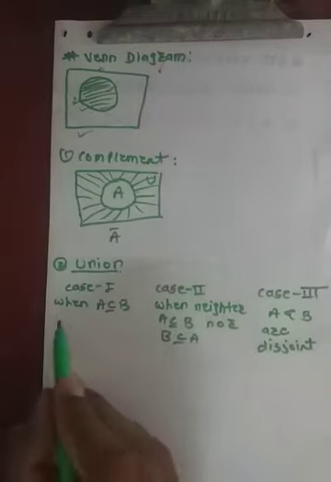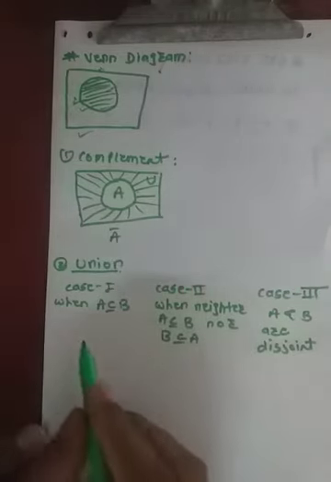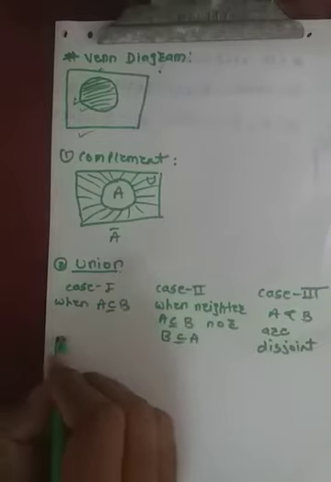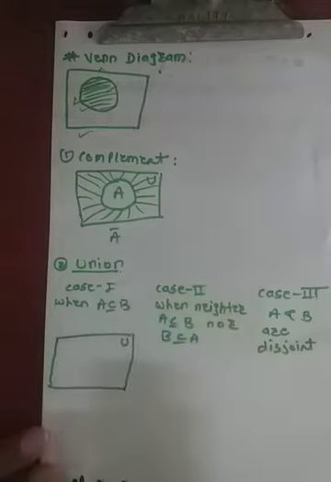So first, case 1, in that A is subset of B. In that, this is universal set.